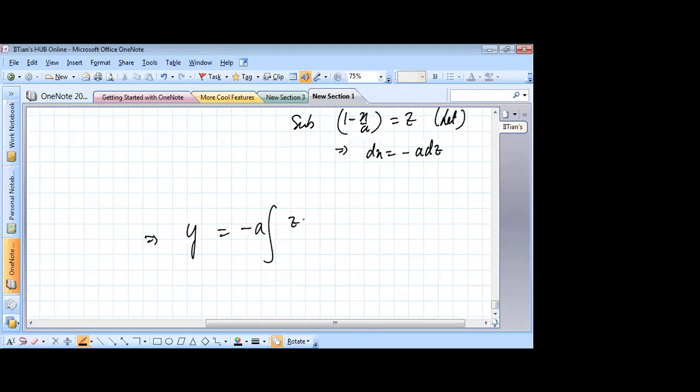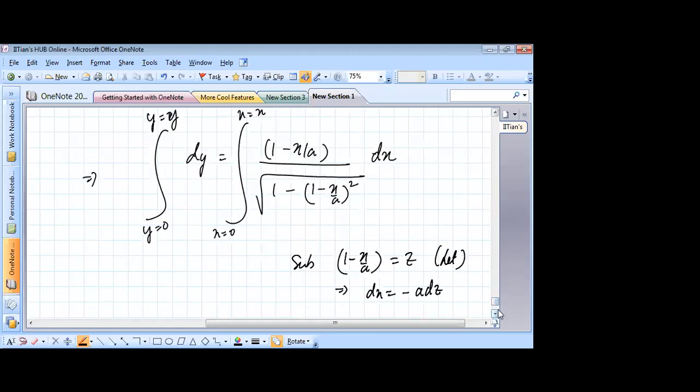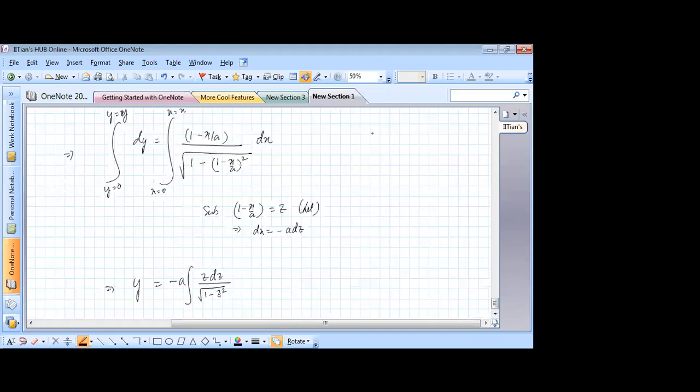Okay. z dz upon square root of 1 minus z square. First of all, it becomes like this. Alright. This is clear. Now it must be pretty clear how to solve it.